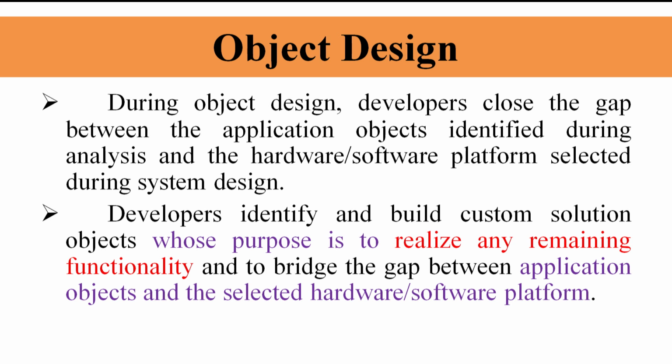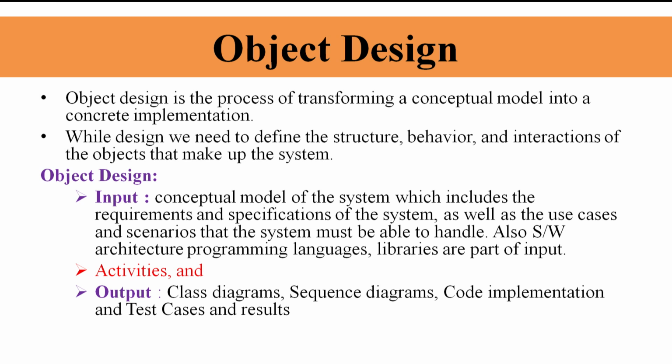So we will be filling the gap by finding out the functionalities which are missing and how we can add them. Now, what object design is doing is transforming the conceptual model into a concrete implementation, because we find certain gaps and also look for the algorithms that will be used for utilization, and later we will see that the optimization aspect also comes in when we are looking at the design.